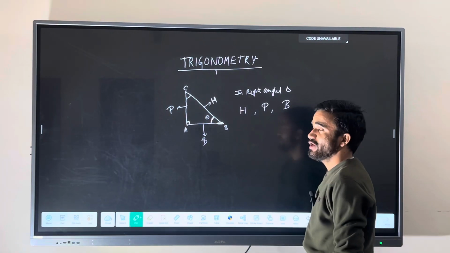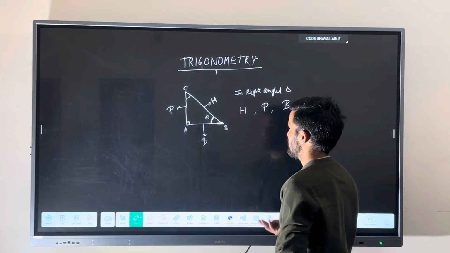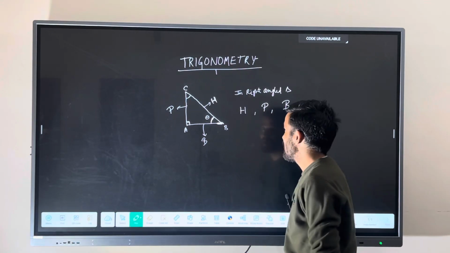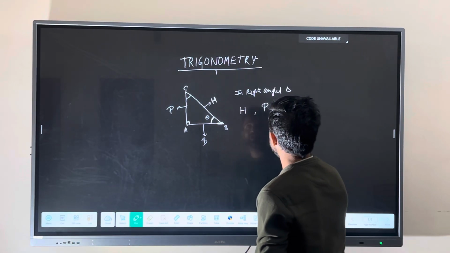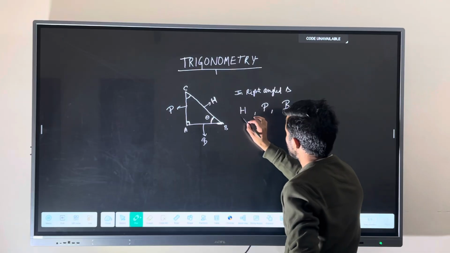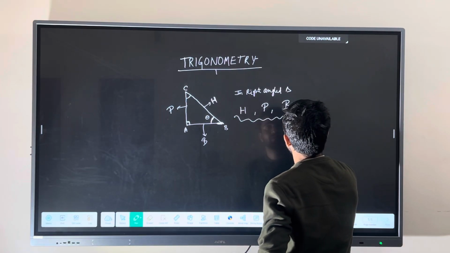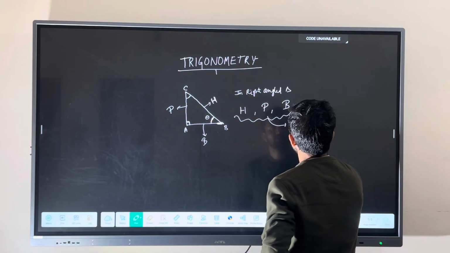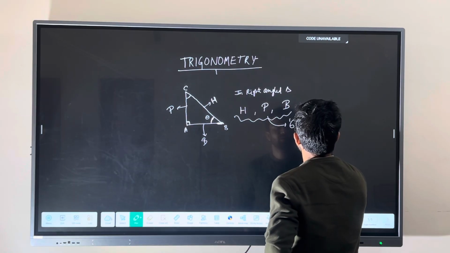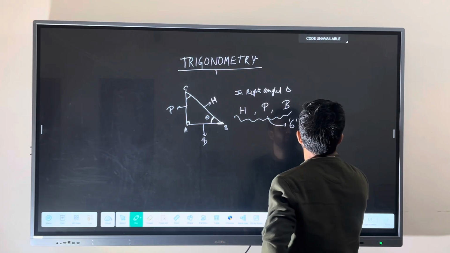It means we have three sides, as we know that a triangle has three sides. So we have hypotenuse, perpendicular and base. And because of these three, we have six trigonometric ratios.